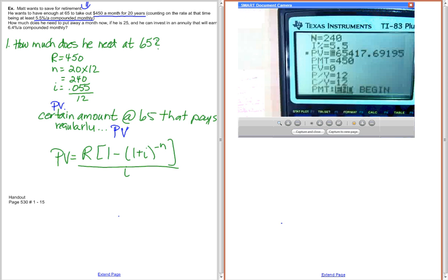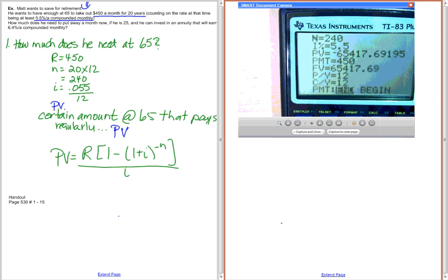So while I've got that money in front of me, I'm going to type in 65,417.69 as my future value. My payment is what I don't know, so I'm going to get the calculator to tell me that. He is going to earn monthly and monthly, so those 12s stay the same. The present value when he is 25 years of age is 0. He's got nothing.